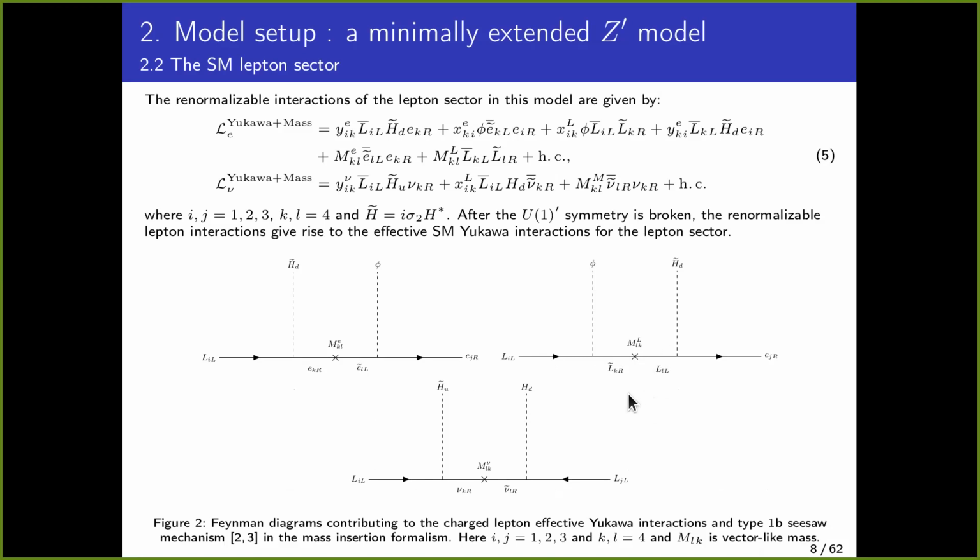And then for the neutrinos, we call this a type 1B seesaw mechanism, which means if you take a look at these external legs, you can see one of them is the up-type Higgs, whereas the other is the down-type Higgs. This is not allowed in the conventional seesaw mechanism because both of them are just the standard model Higgs. But since that is not allowed in our model due to the assigned Z prime charge, instead this type of seesaw mechanism is possible.